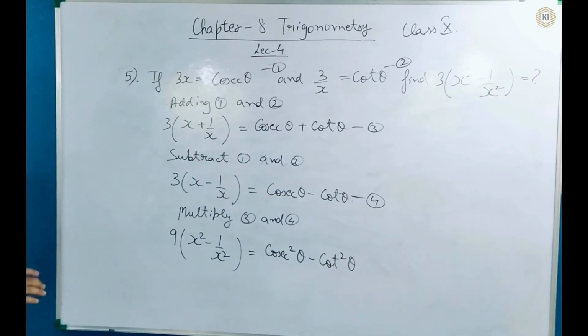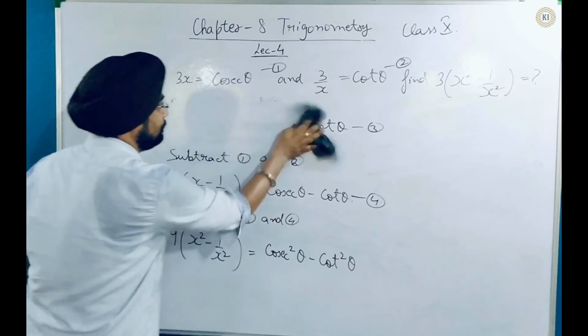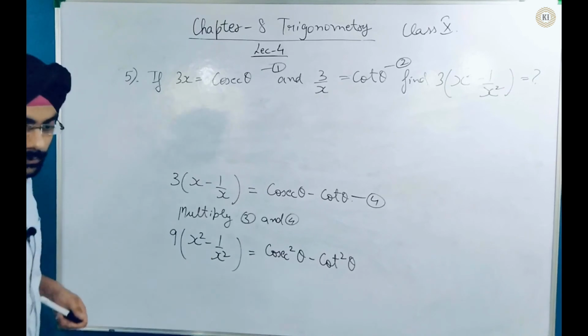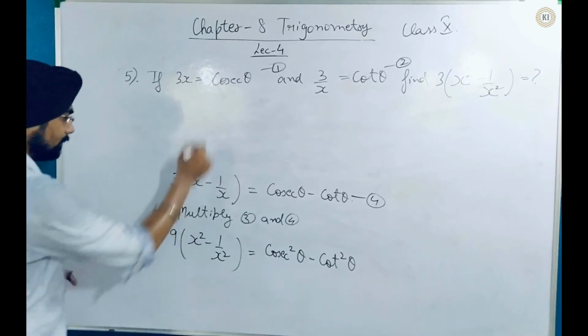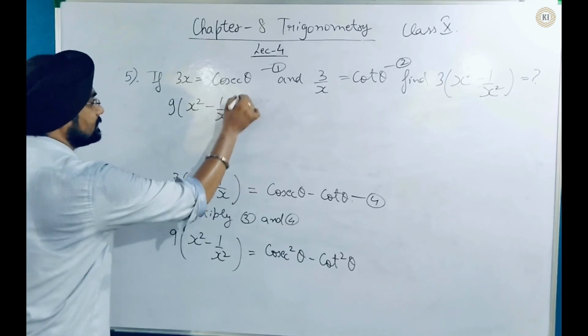Now you have seen that again according to the identity, here 9 times x square minus 1 by x square.